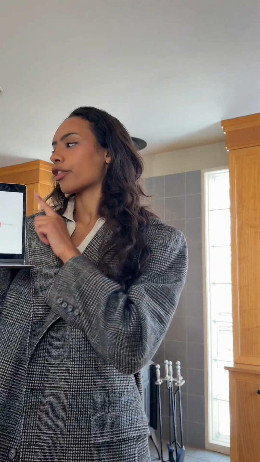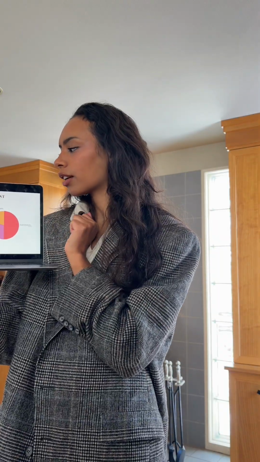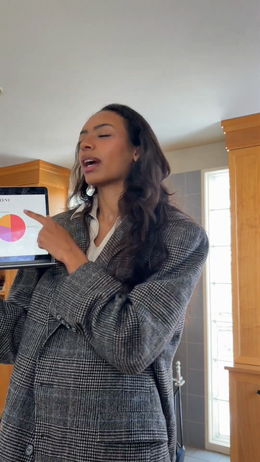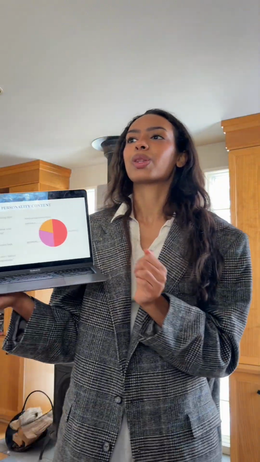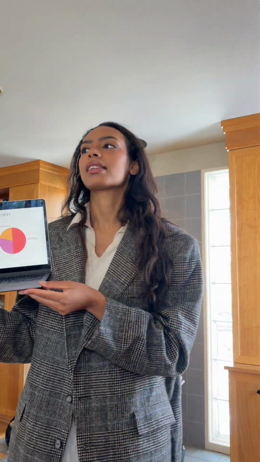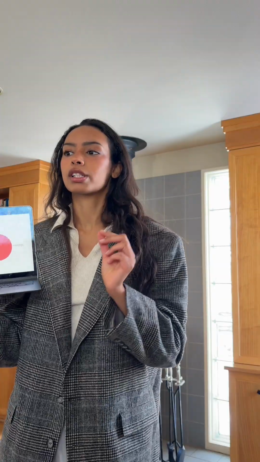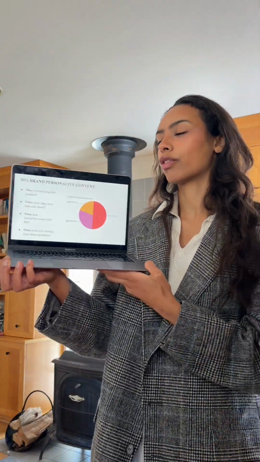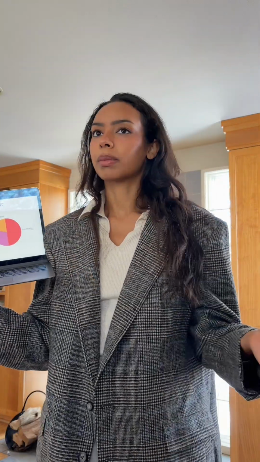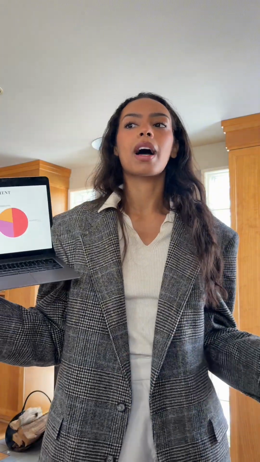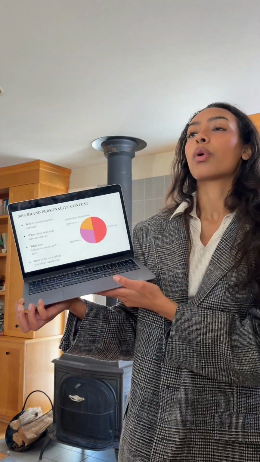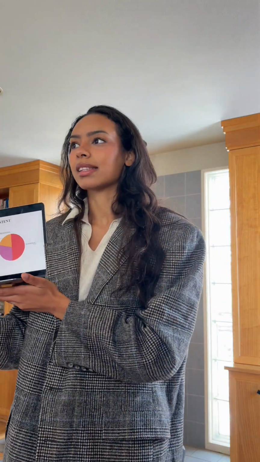And then we're going to have at 30%, this purple section, brand personality content. This is where we're really trying to showcase who we are as a brand. It's the who questions and the what questions that we're trying to answer for our audience. So who is formulating our products? What is the story behind our products? What are the values that we hold as a company?